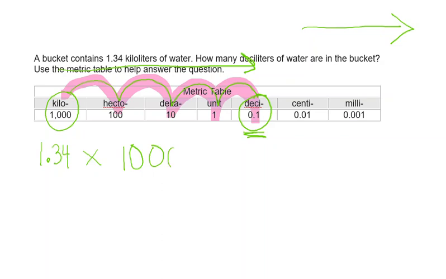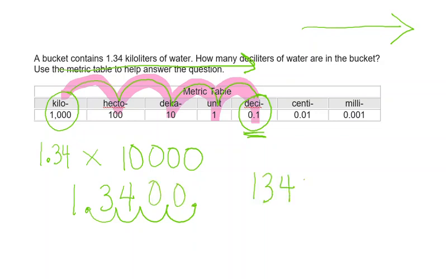So when I take 1.34 and move my decimal 1, 2, 3, 4 places, I get 13,400 deciliters.